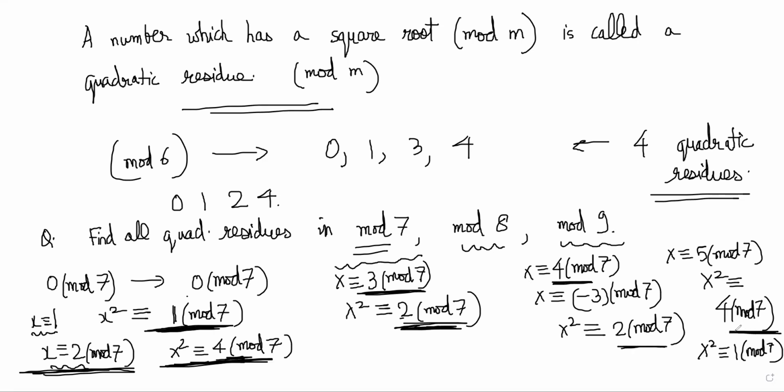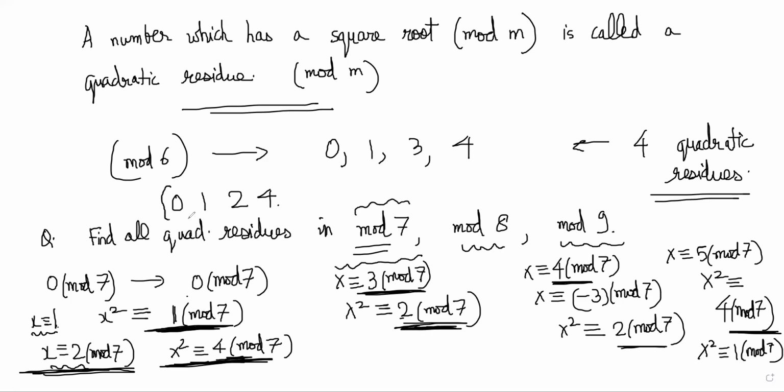The reason for this repetition is because when x was 1 mod 7, its quadratic residue will be the same as it would have been for x is equal to 6 mod 7. Because 6 can be written as minus 1 mod 7, and when you square, it has the same residue, right? Similarly, 2 and 5 will have the same quadratic residue, and 3 and 4 will have the same quadratic residue. So you should notice that there is some sort of a pairing that is happening here, right? When you have mod 7.